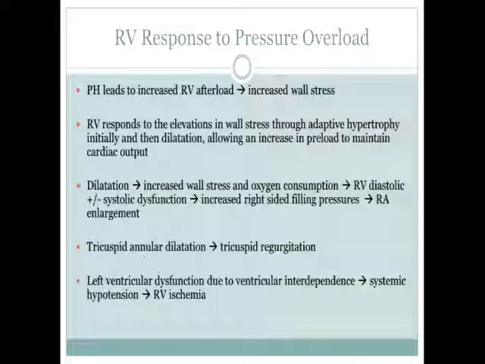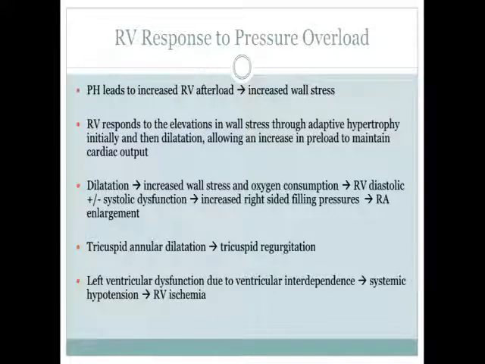So this is basically saying the same thing. When the RV is facing increased afterload, to try and avoid an increase in wall stress, it hypertrophies, and eventually, for reasons that are unknown, that hypertrophy turns into dilation and allows the cardiac output to be maintained by allowing the heart to maintain preload.